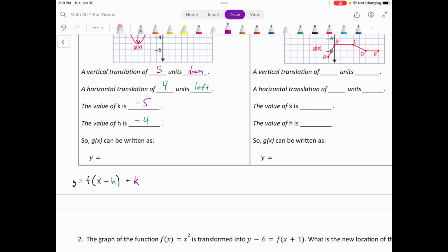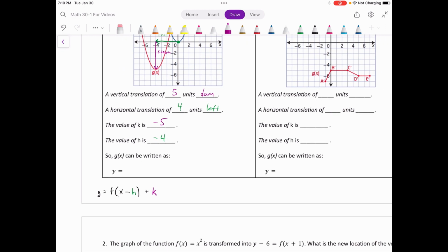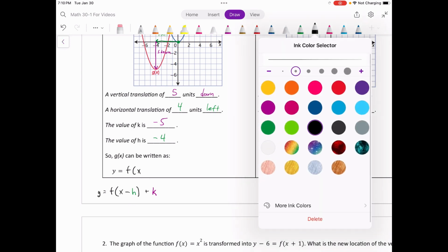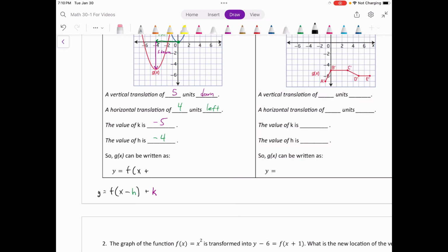So literally all we have to do here is say that g of x is a lot like f of x, except instead of just being f of x, it's f of x minus -4. So minus -4, right? That's going to give me plus 4.